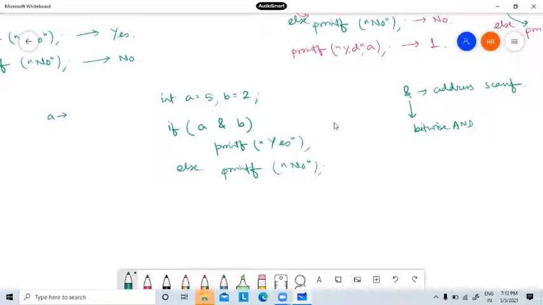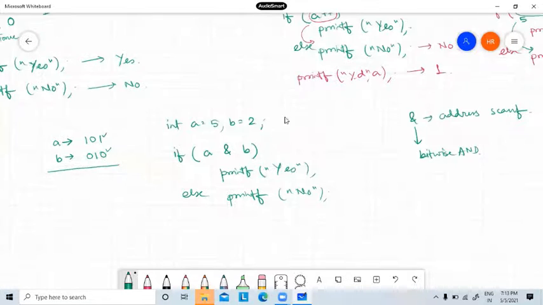Now if I want to perform bitwise AND, the first thing I have to do is convert them into binary. What is the meaning of 5? 5 in binary is 1 0 1. What is 2 in binary? It is 0 1 0. Now bitwise AND means after converting them into binary, this bit is ANDed with this bit. This one is 1, this one is 0.